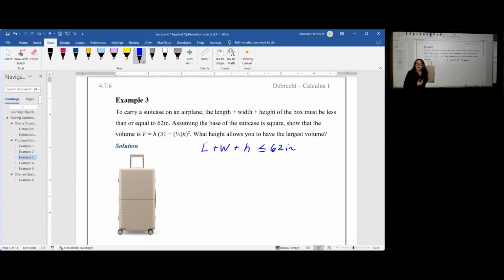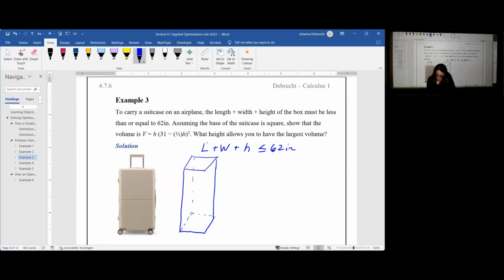Well, not an or equal to one. Assuming the base of the suitcase is square. Square. Well, the suitcase is built like a rectangular box. So if it's square, I must have something like this. Let's see if I can draw this well enough.